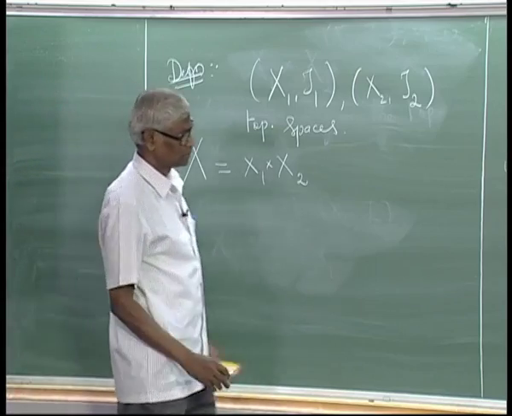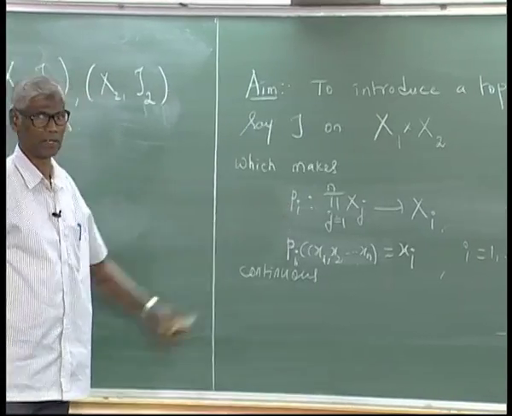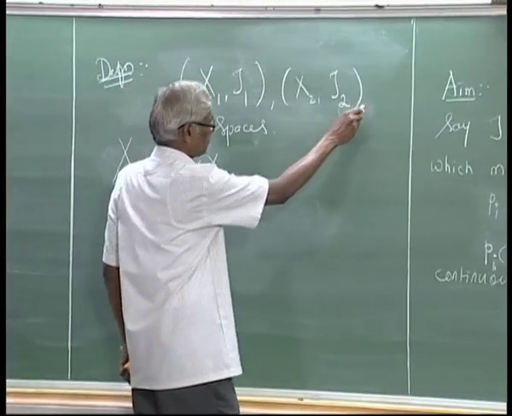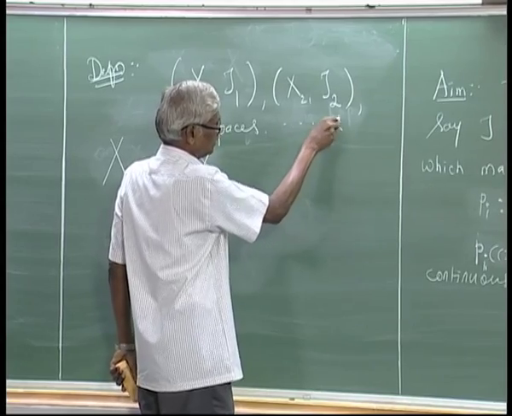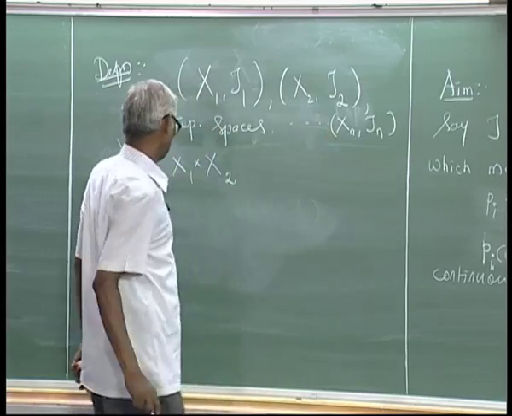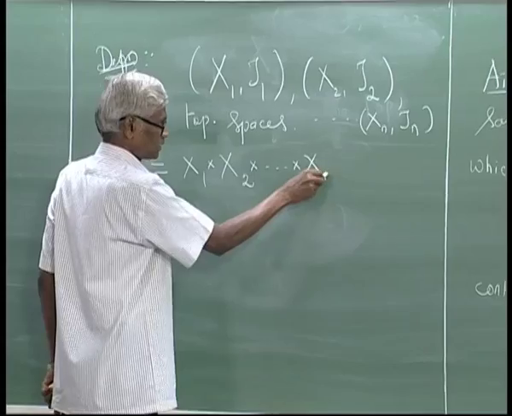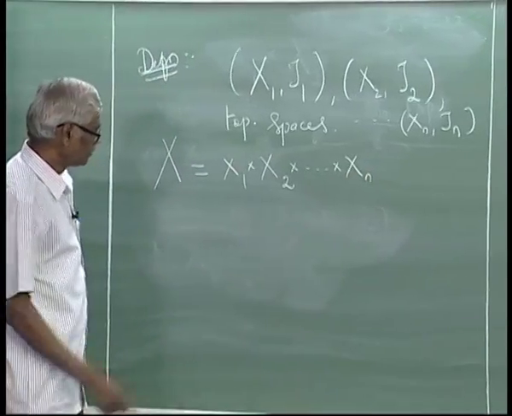Our aim is to make each such Pi continuous, or more generally we can take (Xn, tau n) topological spaces, and capital X the product.